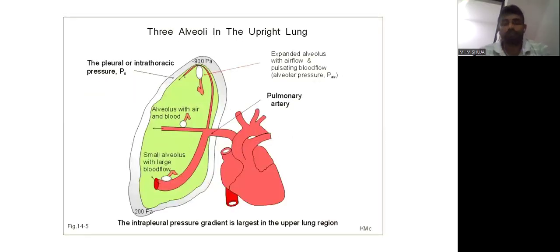If you take the lungs in the upright position, and take 3 alveoli, one in the upper part, the apex, one in the lower part, the base, and one in the middle part. Imagine I am holding one bag of gas in my left hand and one bag of water in my right hand.